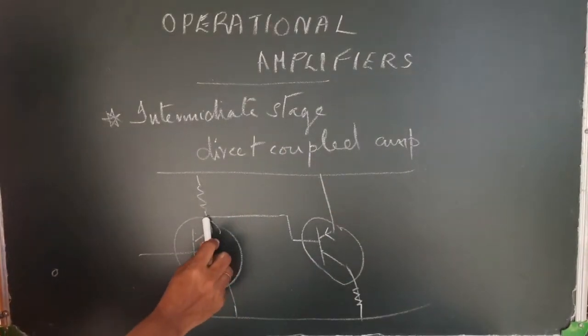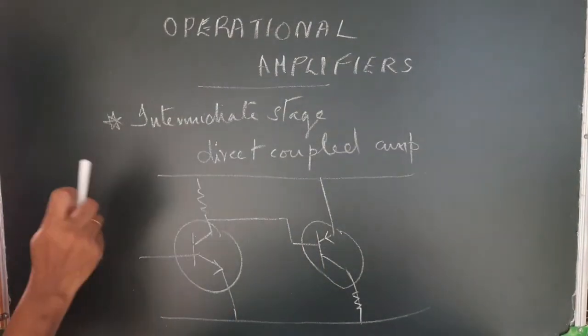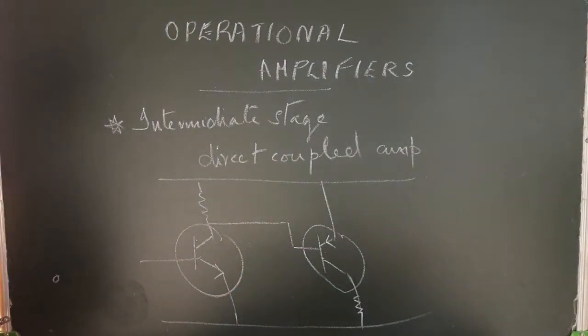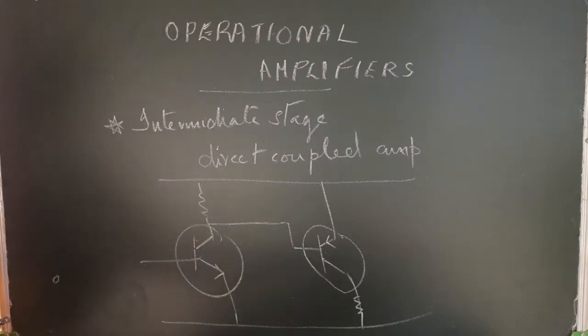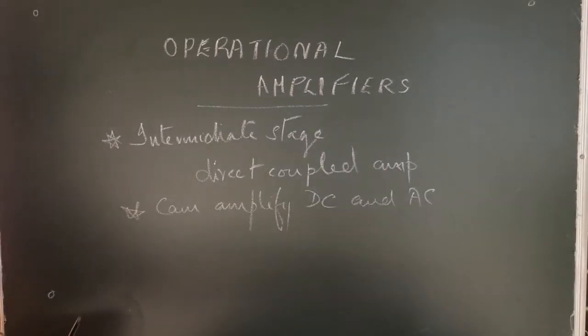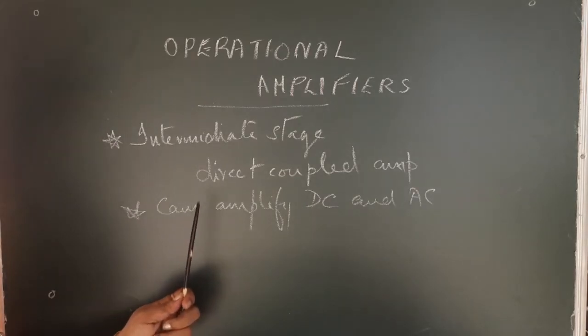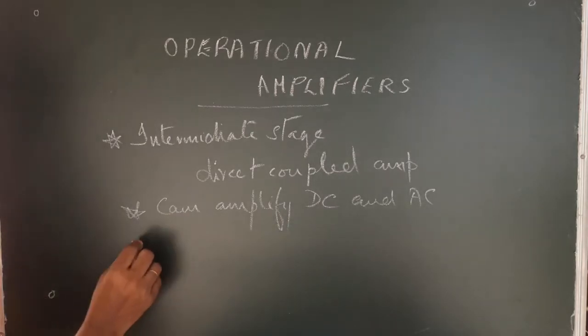The collector of one stage is connected to the base of the next stage without any transformer, capacitor or any other coupling device. So, it is called as direct coupling. Because of the same reason, we can also use this op-amp for amplifying the AC and DC signals. So, because of the direct coupling, it can be used for amplifying DC and AC signal.